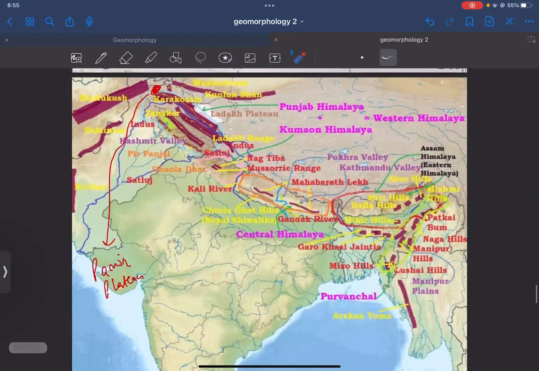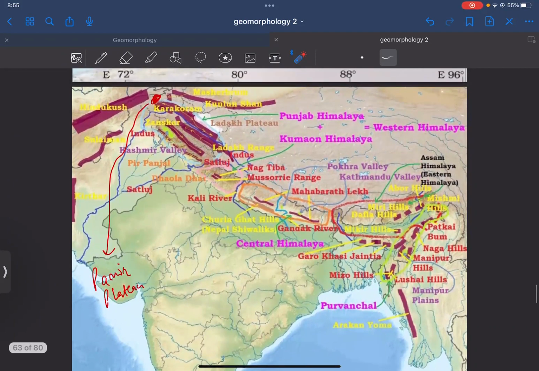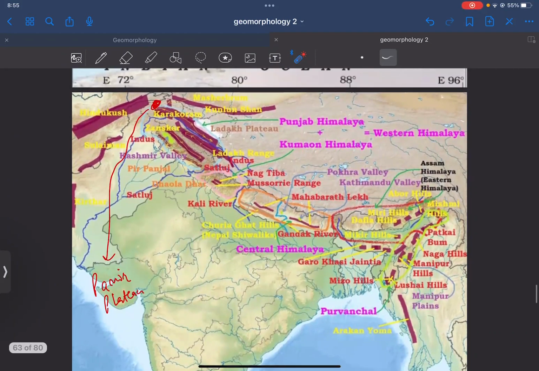Now Zaskar, right? Then we have the Pir Panjal range. Between Zaskar and Pir Panjal, we have a valley which is known as the Kashmir Valley.